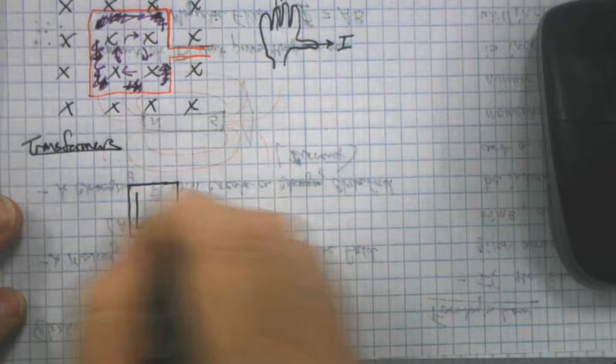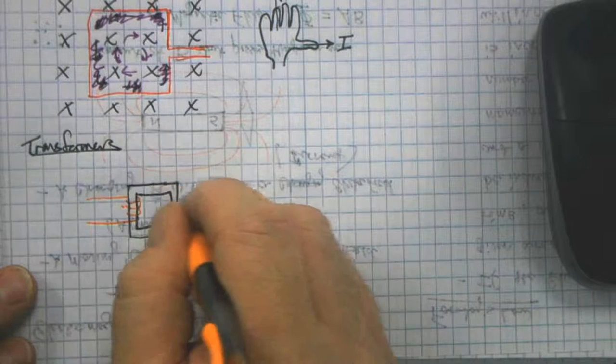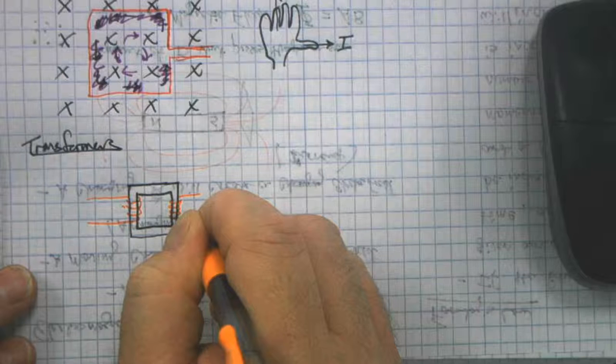So, we're going to have an iron core, and we're going to have some wire. Okay, an iron core with some wire.